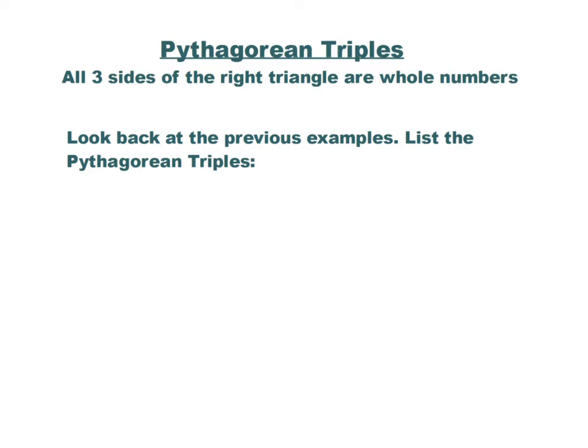We got a 12, and the previous numbers that we were given were a 5 and a 13. So we would list that as a 5, 12, 13 triangle, and that's a Pythagorean triple. On the next page, we had another one come out nice, and we solved it and got 4. That's a 3, 4, 5 triangle. And that's a really, really common Pythagorean triple.